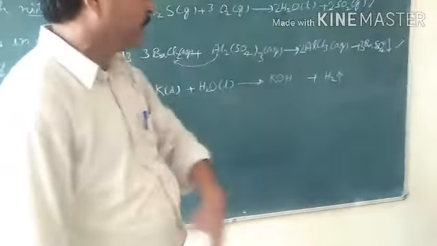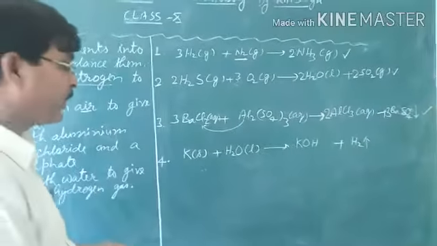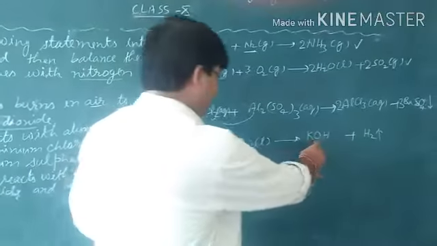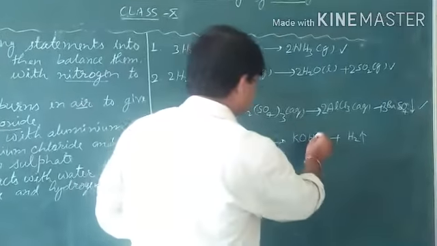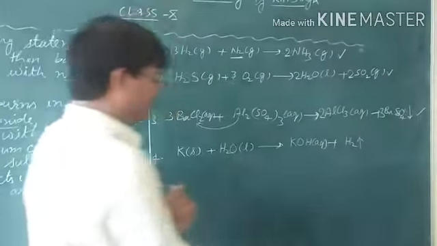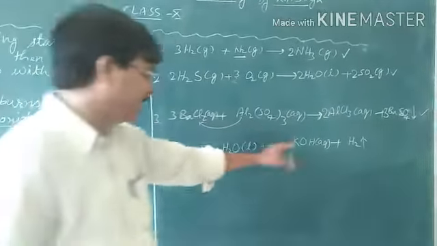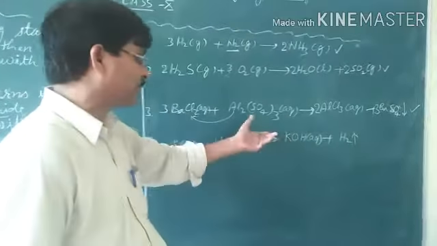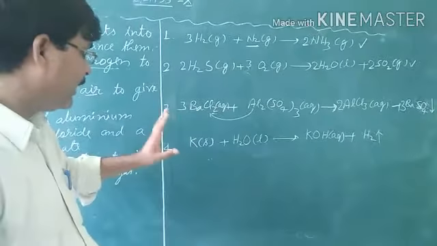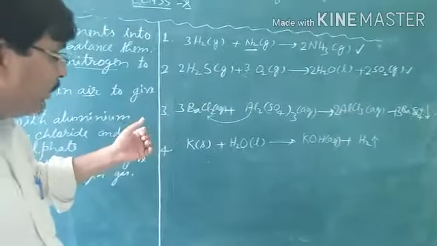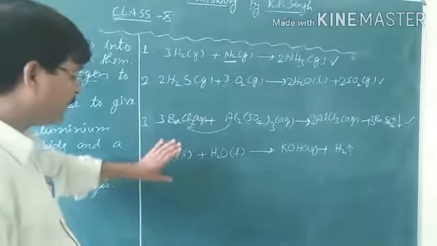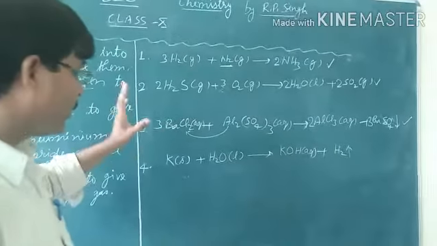The upward direction arrow shows the state of gas. This is aqueous. This will be present in the water, so this will be aqueous. Now this is the chemical equation.